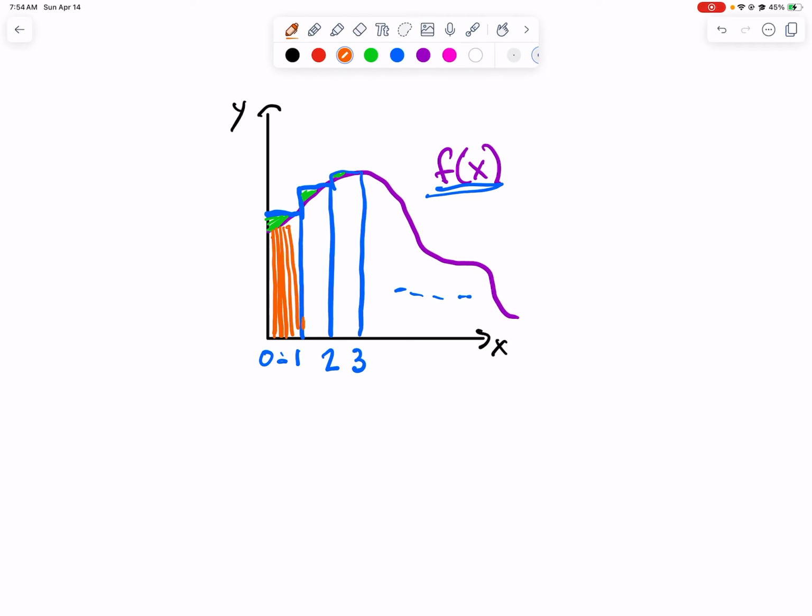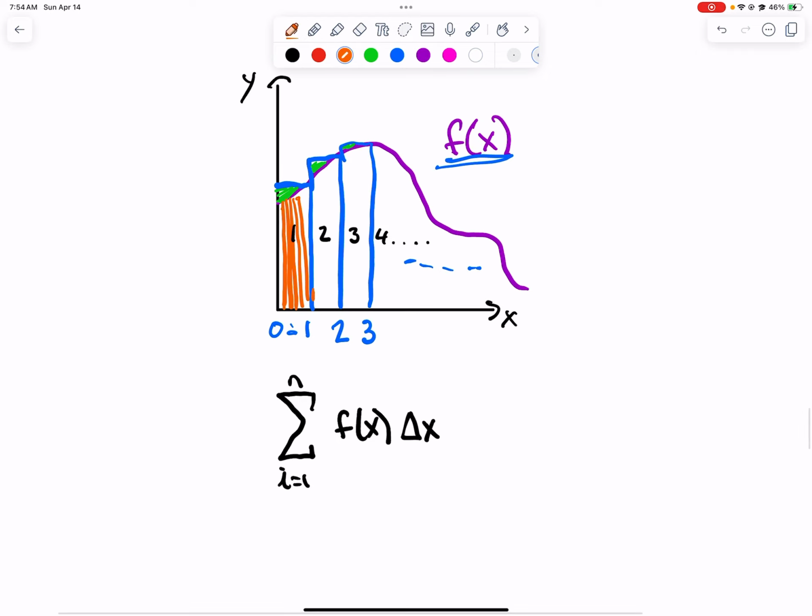So this idea of Riemann sums, we talk about it as a summation because we're going to be adding 1, 2, 3, 4. We're going to be adding all these pieces together. So I'm going to write the book definition of Riemann sums. It is this idea: when i starts at 1 to n, n being how many times we break it up, of our function f of x times our change in x.